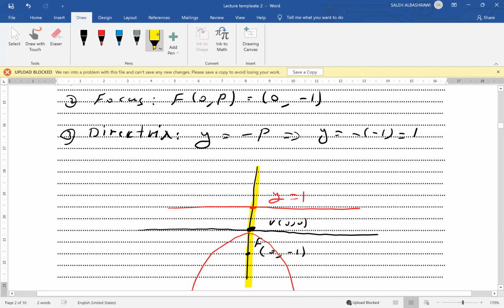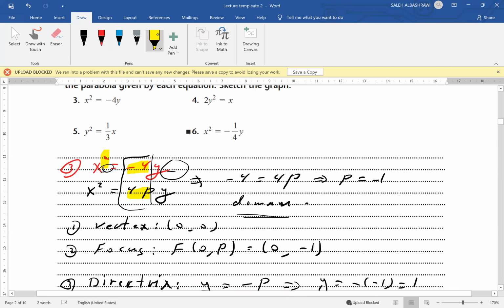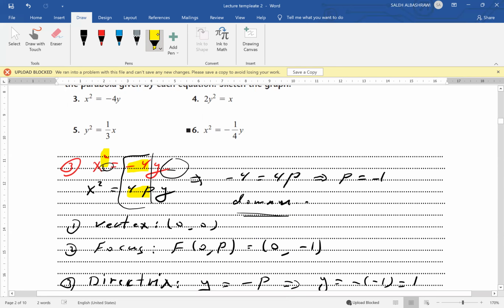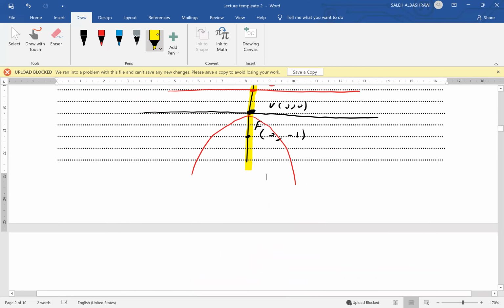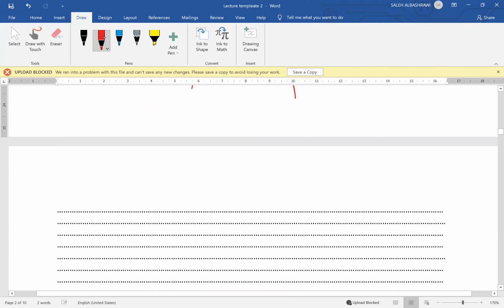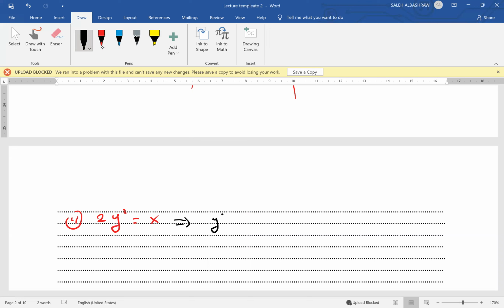Take the second example, example number 4: 2y squared equal to x. In the first step, I have to write it in the standard form, which is y squared equal to 1/2 x.